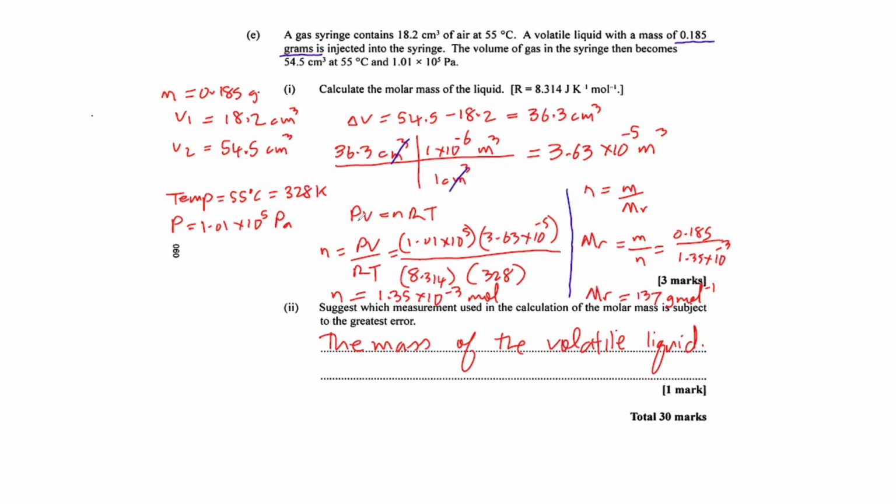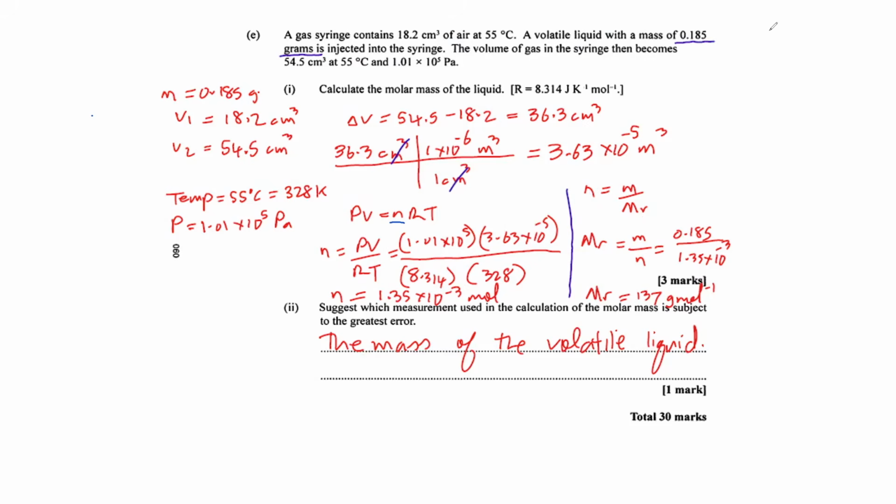We then use our ideal gas equation to make mole the subject of the formula, and then plug in the information that we have for pressure, volume, the molar gas constant, and the temperature, and calculate the moles. After we know the moles, we then use moles equal mass over molar mass and make molar mass the subject of the formula, plugging in our mass and our moles that was calculated. And then we get our answer to be 137 grams per mole.